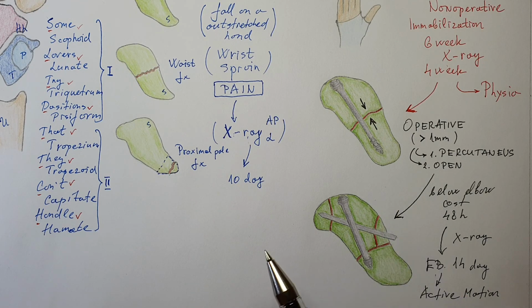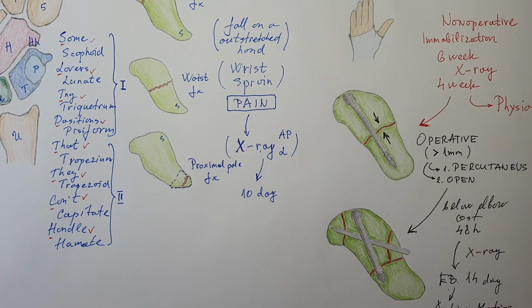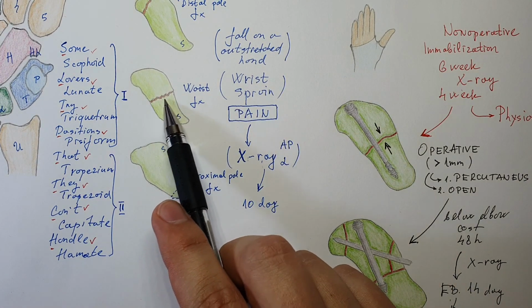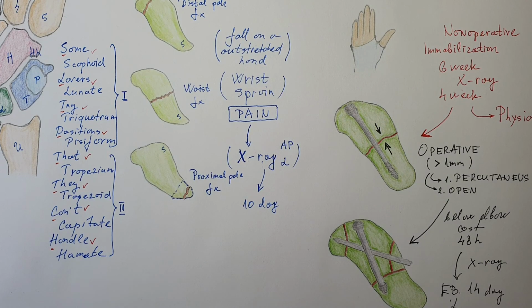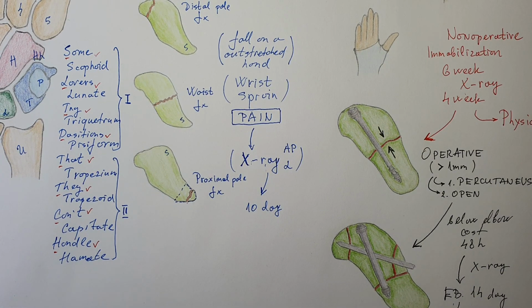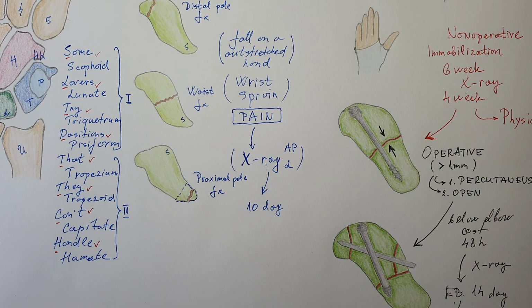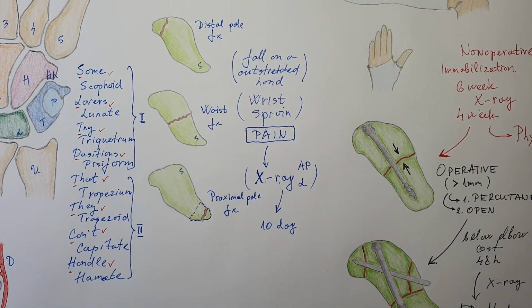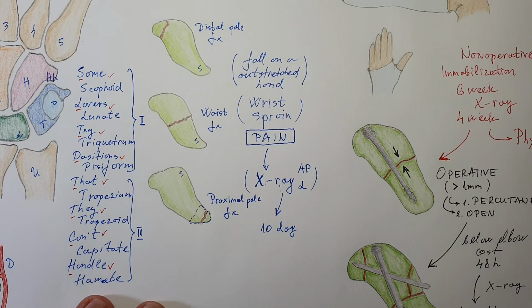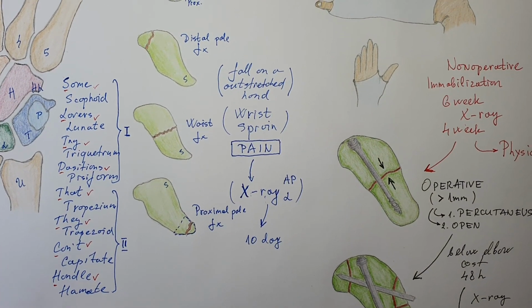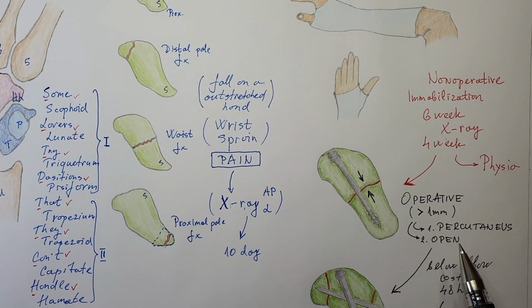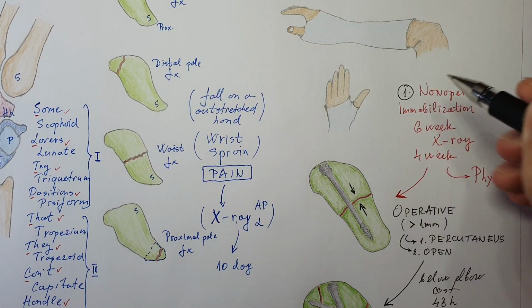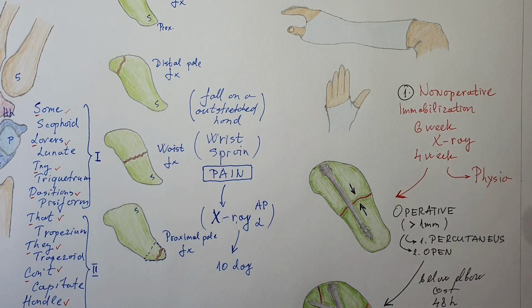So the take-home point is that if the fracture is not displaced, and if there is no significant destruction of the bone with many fracture lines, so a simple non-displaced fracture is most of the time treated non-operatively, and it most of the time gives good results.